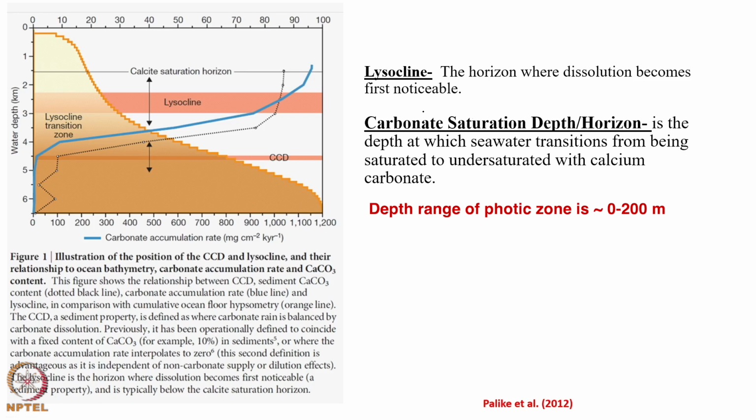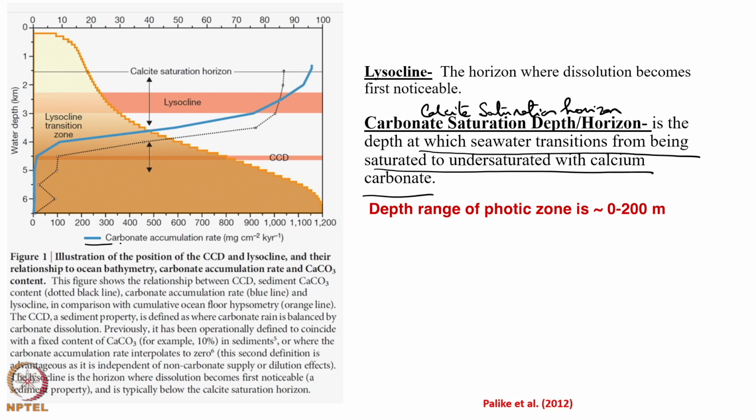Carbonate saturation depth, or calcite saturation horizon, is the depth at which seawater transitions from being saturated to undersaturated with calcium carbonate. If the carbonate accumulation rate is shown by this blue color, then it shows that as one crosses the calcite saturation depth, which is at around 1.5 kilometer in some oceans, the carbonate accumulation rate decreases.